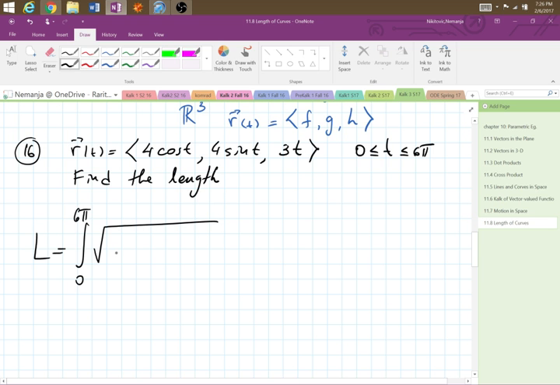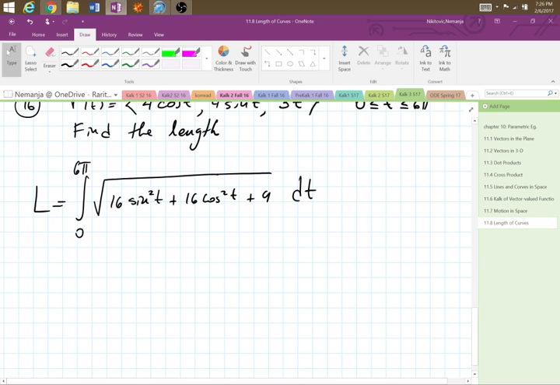So it's going to be 16 sine squared t plus 16 cosine squared t plus 9 dt. So that's 25, which is 5. So the whole thing is the integral of 5 dt from 0 to 6 pi, so 30 pi.